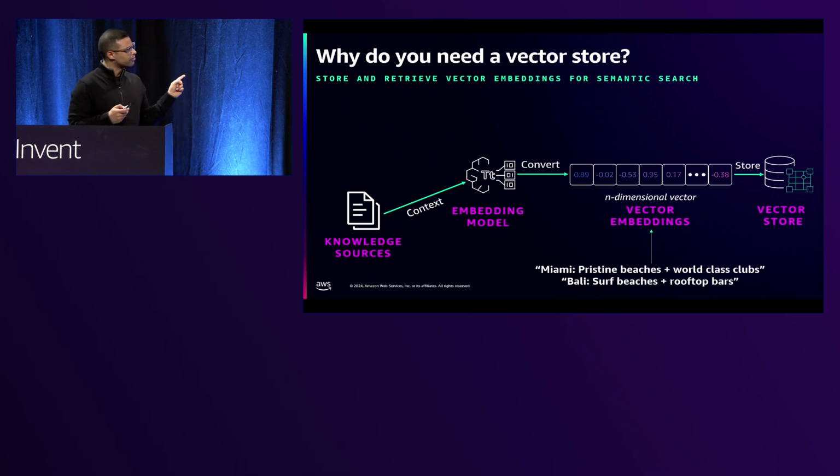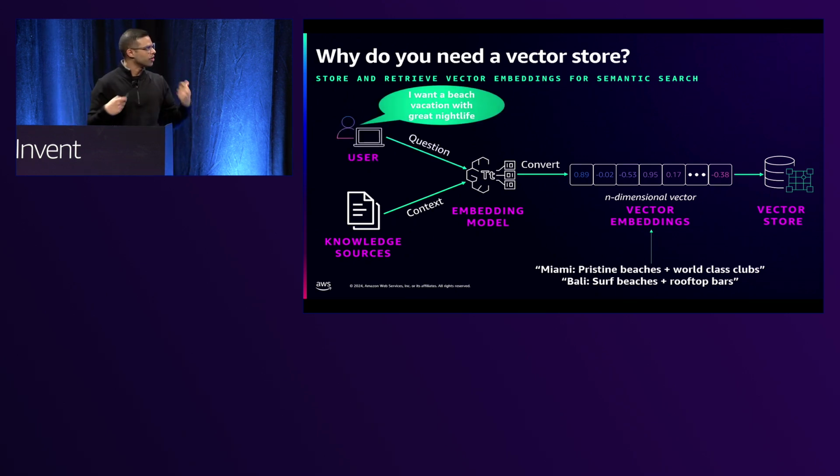Now, when a user comes in and asks a question, I want a beach vacation with great nightlife, the user question is, again, in simple natural language. It's plain English, could be French, doesn't matter. The question also gets converted, key point, using the same embedding model. If you use a different embedding model, it'll generate completely different vectors for the same question. At the end of it, we are trying to do a similarity match for the question and the sources, so that would throw everything off.